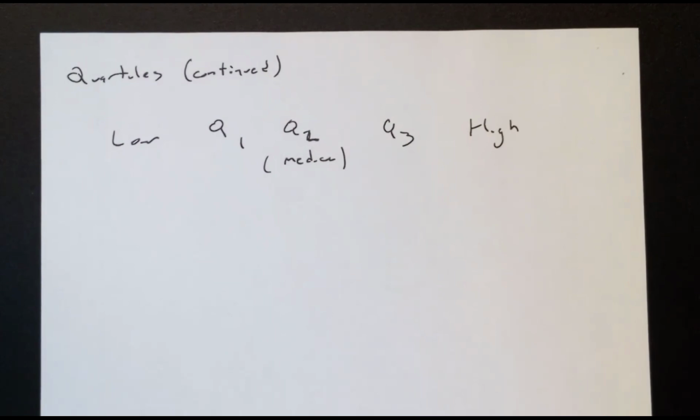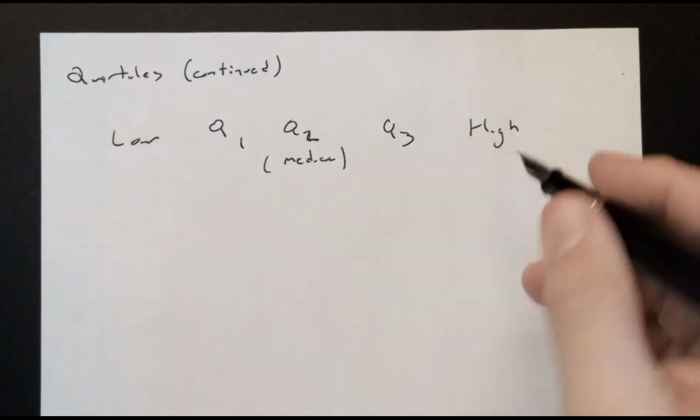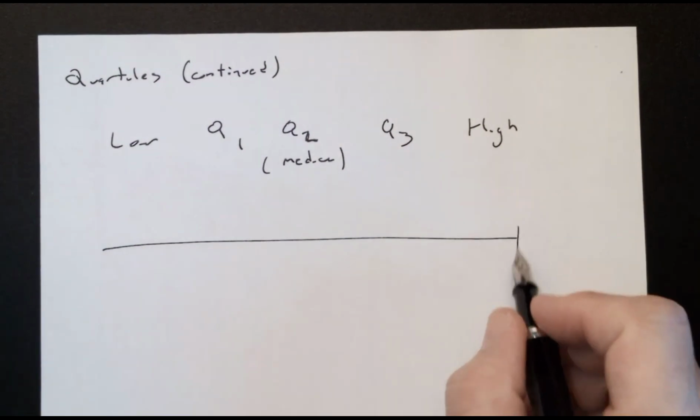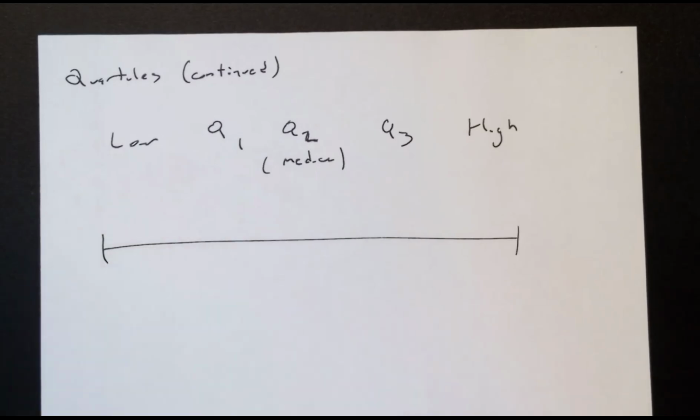If I were to put these on a number line in order, let's actually check our numbers again from the data set we were just looking at. I have 165, 185, and 204. What's the minimum of this data? I know we did that before. Does anybody remember? Well, let's check.